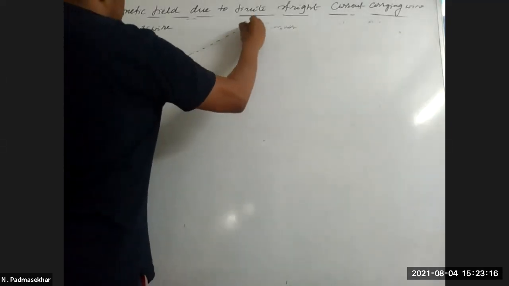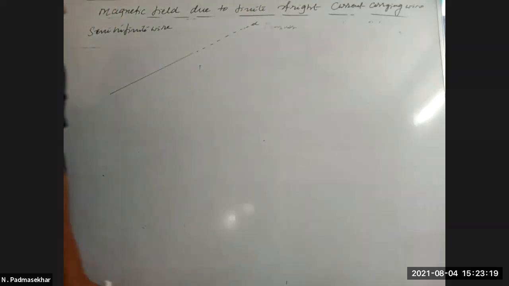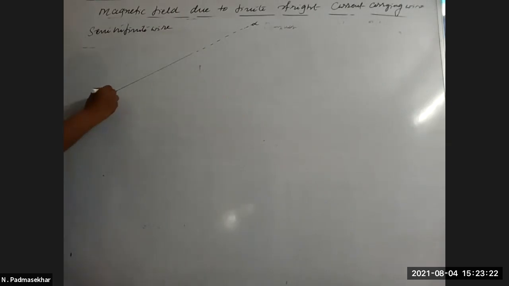This is a semi-infinite wire, and at a distance t from this end, at this point, what is the magnetic field? What is the magnetic field at this point for a semi-infinite wire?